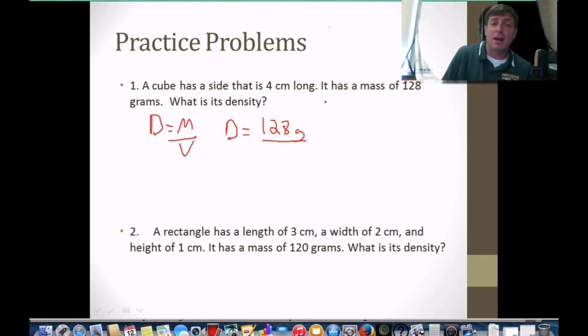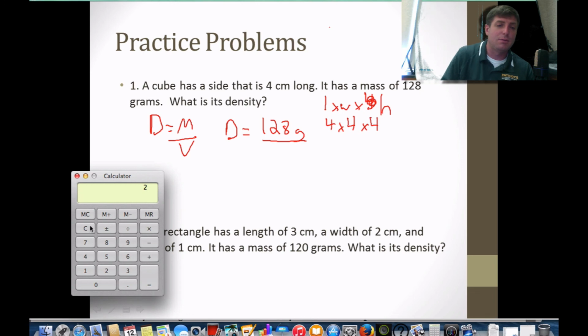So to calculate that, we actually have to do length times width times height. And we're going to do 4 times 4 times 4. If you want to pull up your calculator, you can, just to be safe. You do 4 times 4 times 4, and that's 64.